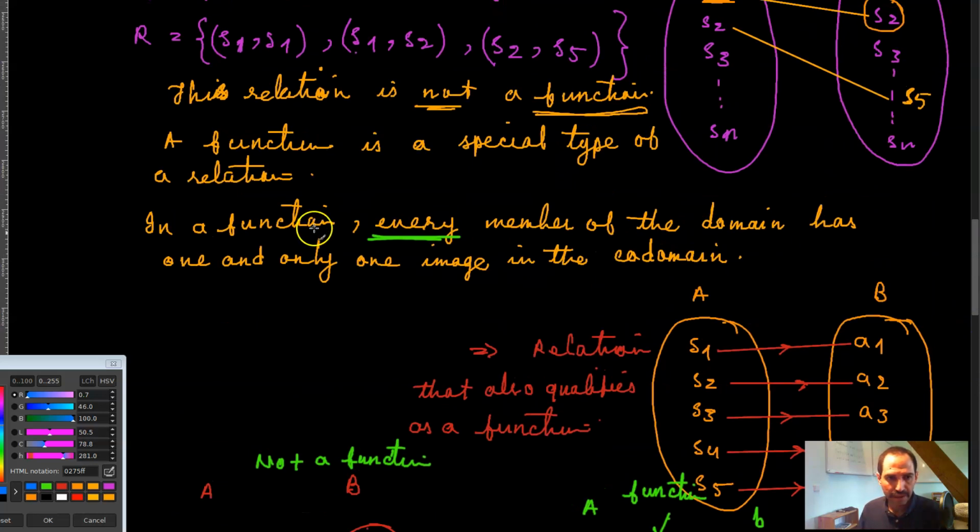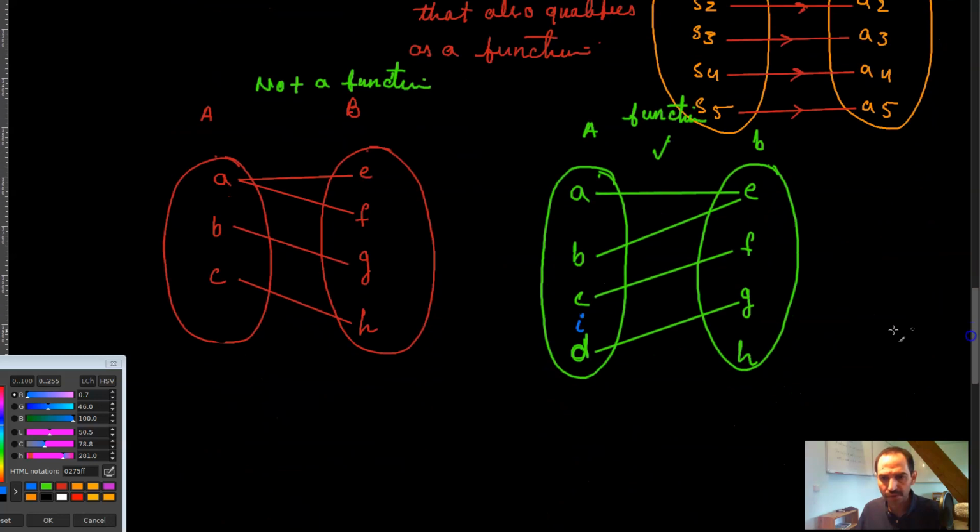Since we said that every member of the domain has to be related to some element in the codomain, and this is not related to anything, then this is not a function. This has to be related to something, meaning that if, for example, I relate to this one, then that is actually a function. So that is basically the whole story there.